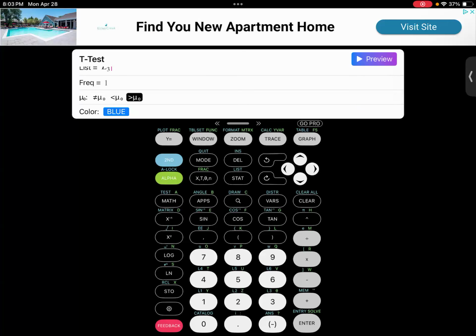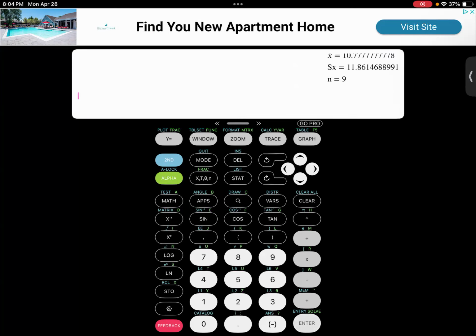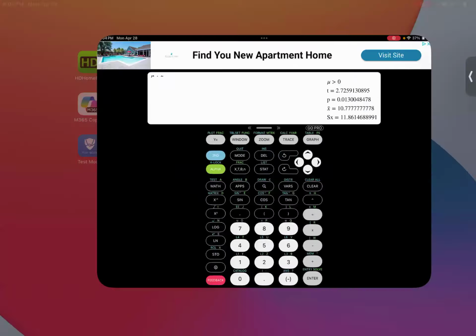So we move to the right and select greater than. We hit calculate, and this is what we come up with: a test statistic of 2.73 and a p-value of 0.0130.